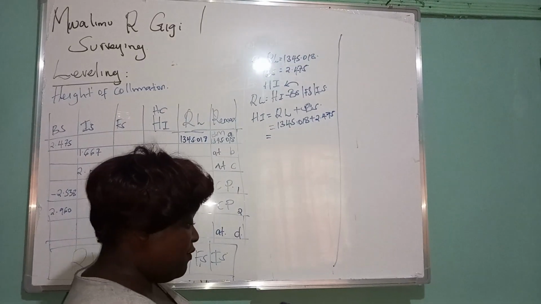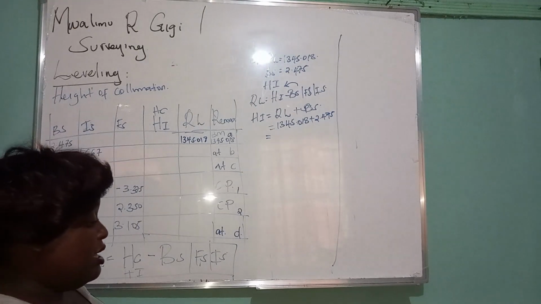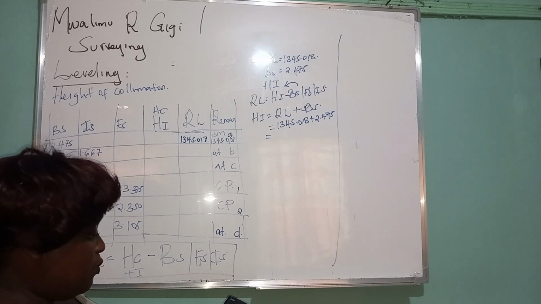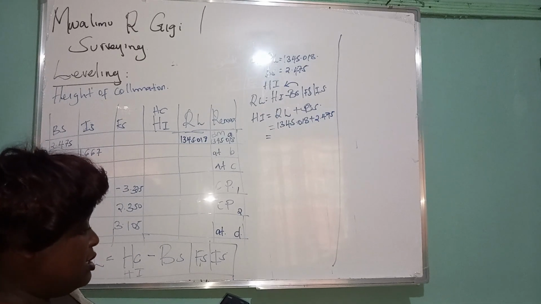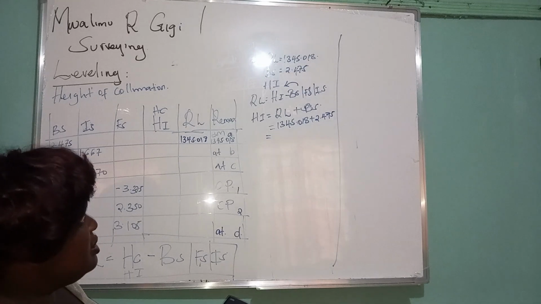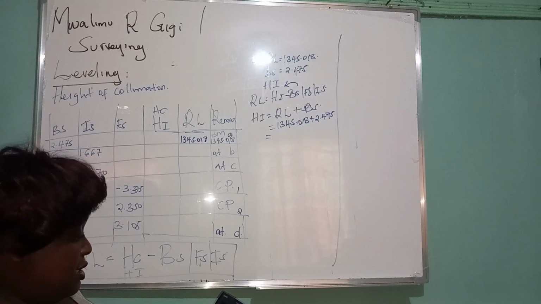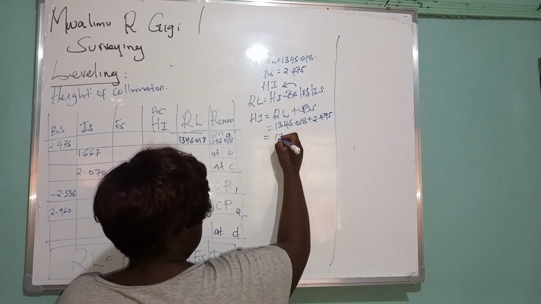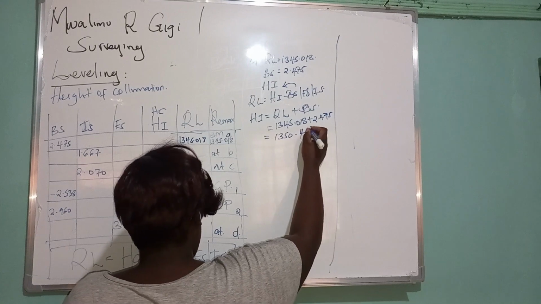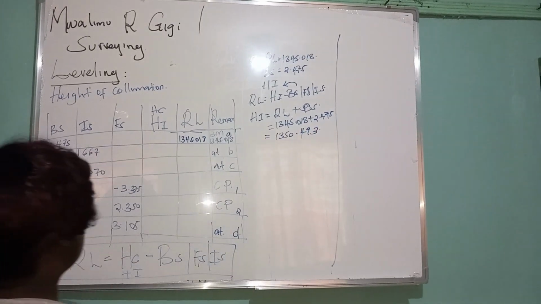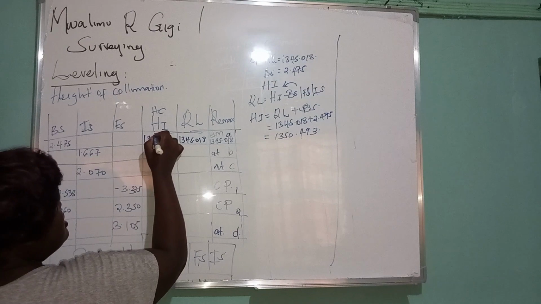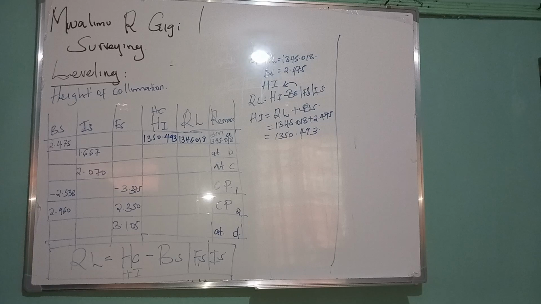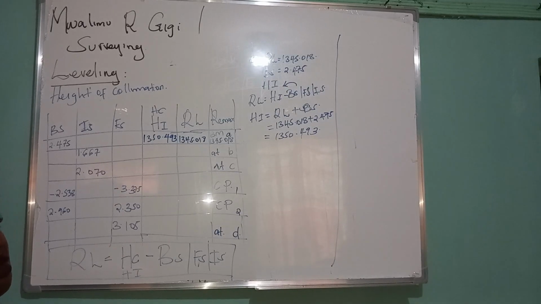So the height of instrument at A is 1345.018 plus 2.475. So it is 1350.493. So the height of instrument is 1350.493.